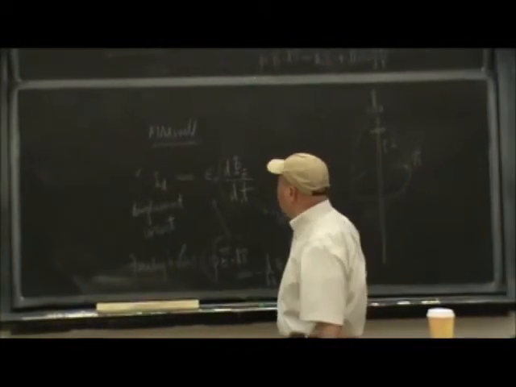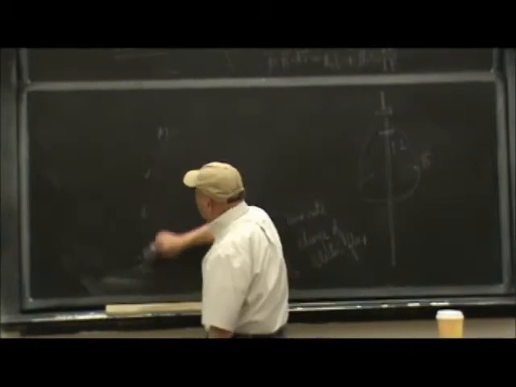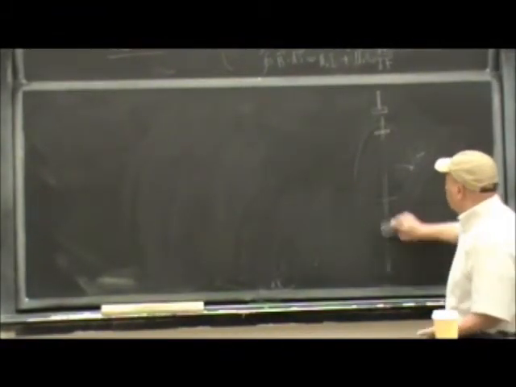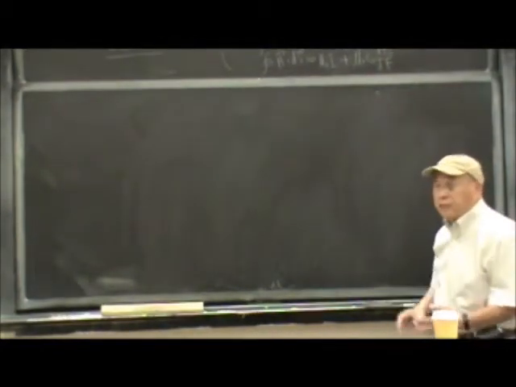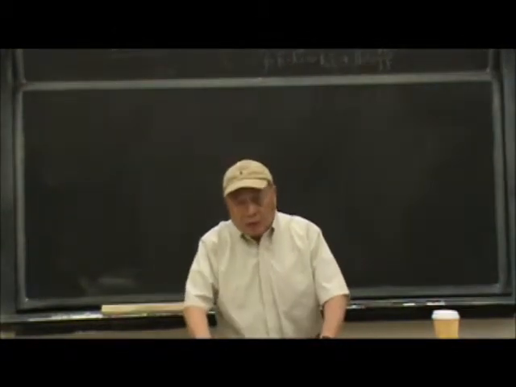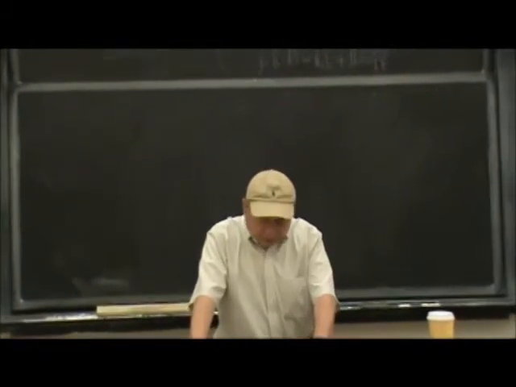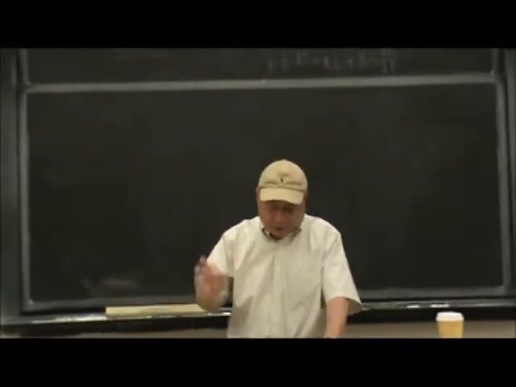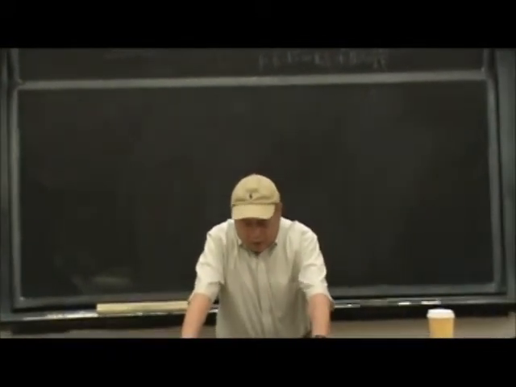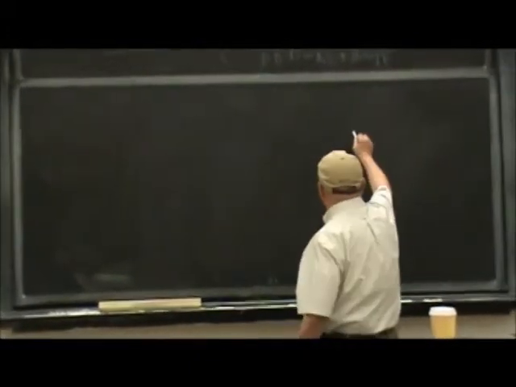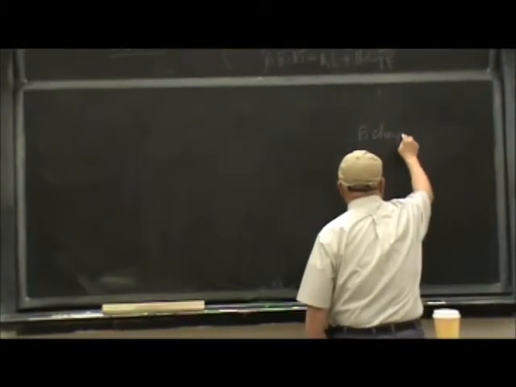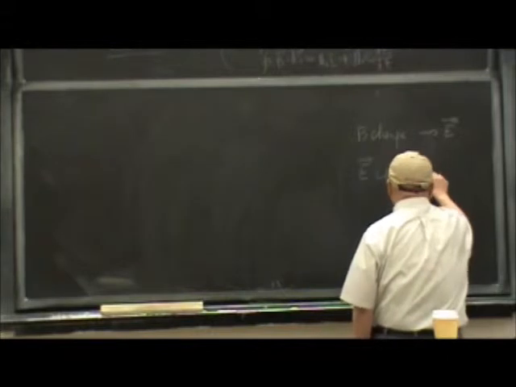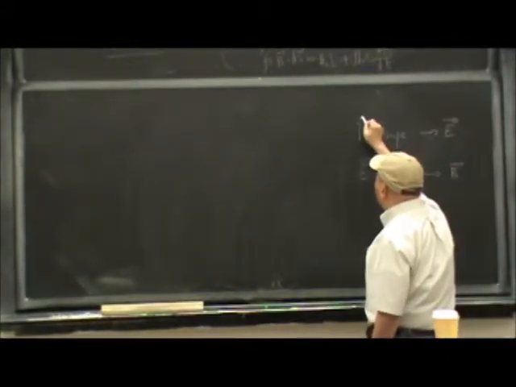The major idea that gave Maxwell inspiration is that a changing magnetic field will induce an electric field, and a time rate of change of electric field will induce a magnetic field. If B changes, it gives us an electric field, and if the electric field changes, it gives us a magnetic field, and vice versa.